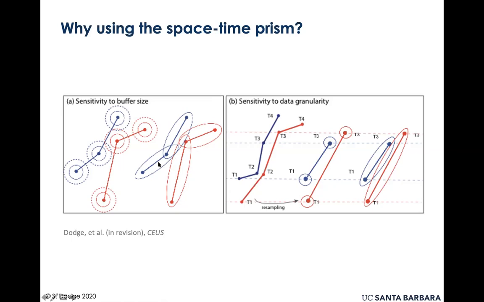So we don't need a threshold to identify interaction. And we don't need simultaneous fixes to look at point-to-point distances. The intersection of the potential path areas can even identify interactions that are not captured at the time that we have a GPS point, so the areas between the two GPS points are considered for potential interaction.